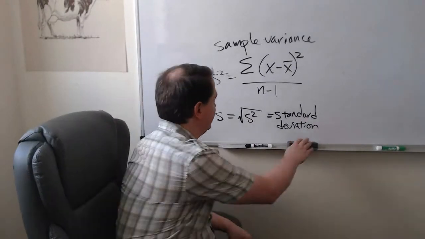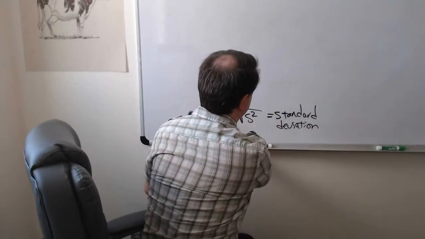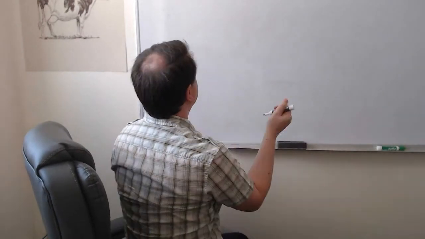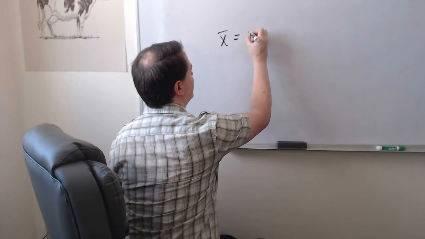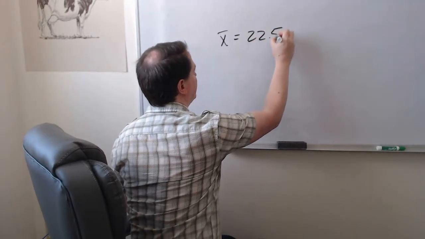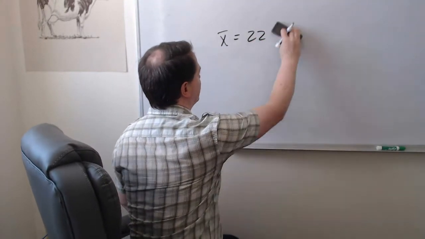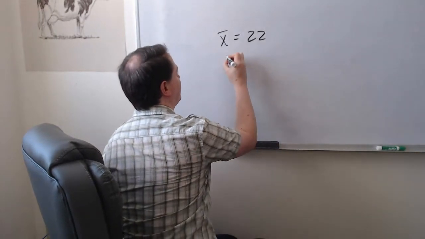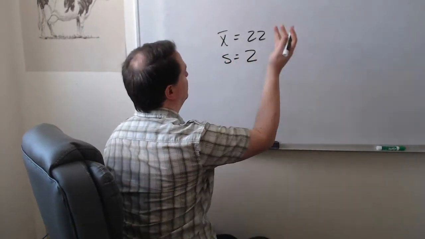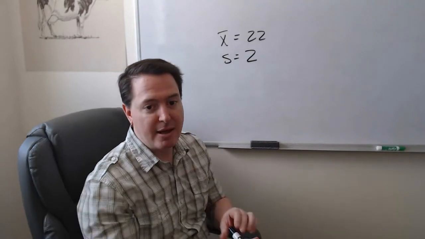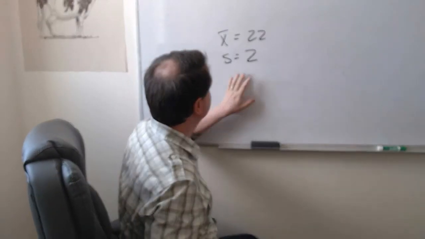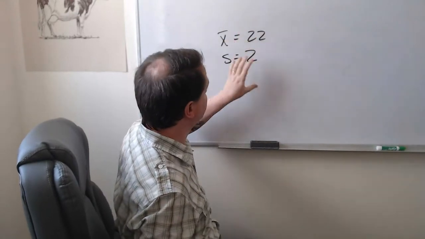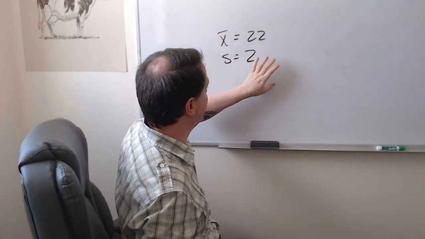All right, so let me just explain what I wrote there. Let's say for student ages, we've got a mean of 22. Oh, let me take out decimal places. I don't want to complicate this. And I've got a standard deviation of 2. Okay? That means in my data, the great majority of the data is going to be within 2 standard deviations.